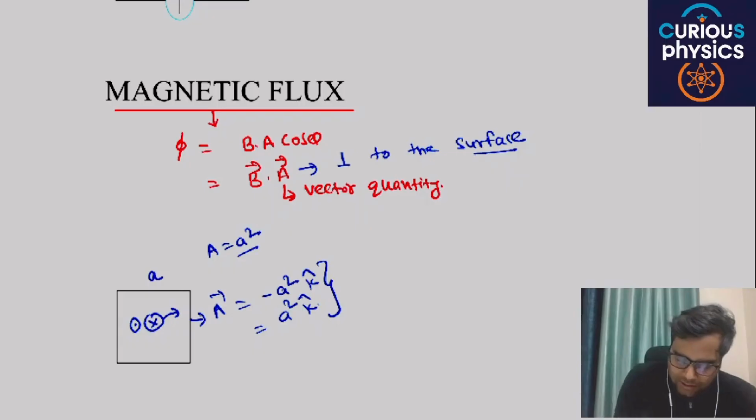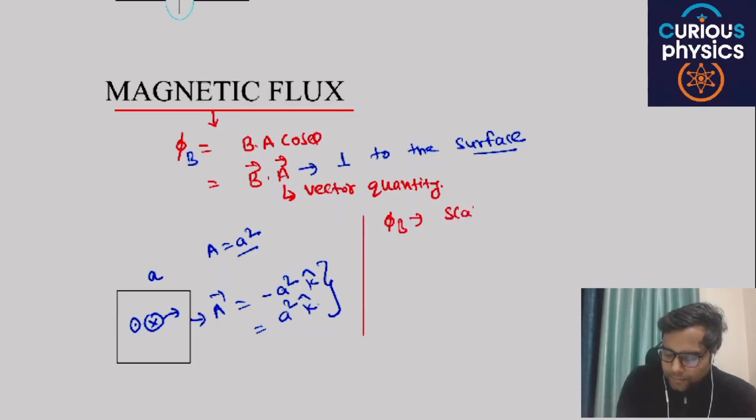Magnetic flux is a scalar quantity. Units of magnetic flux are Tesla meter square, or you can say Weber.